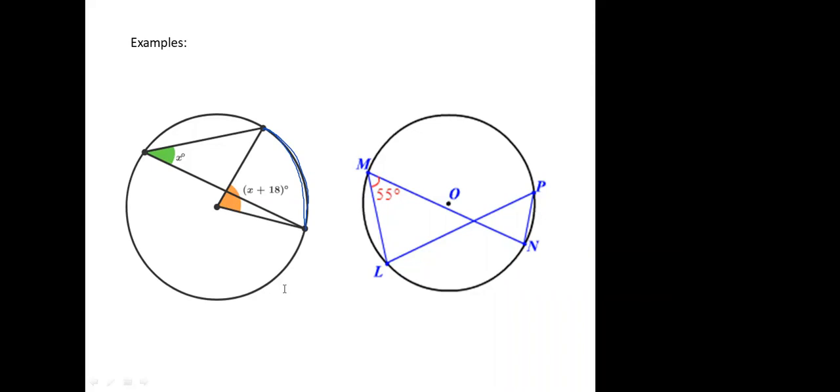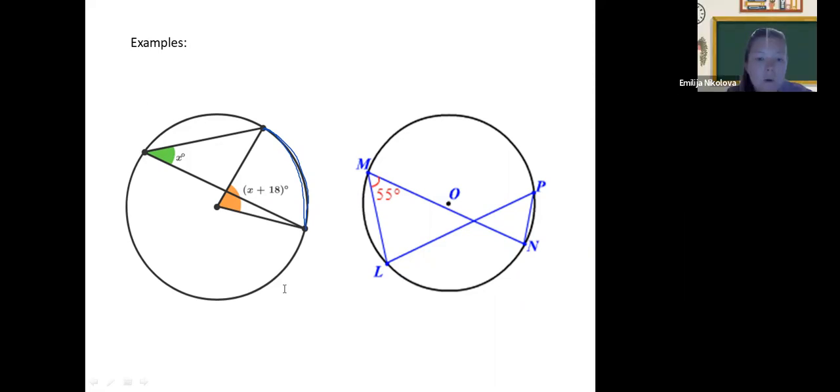This is easy because it's given that one is twice the other one. So which one is twice the other one? So this angle is twice this angle.